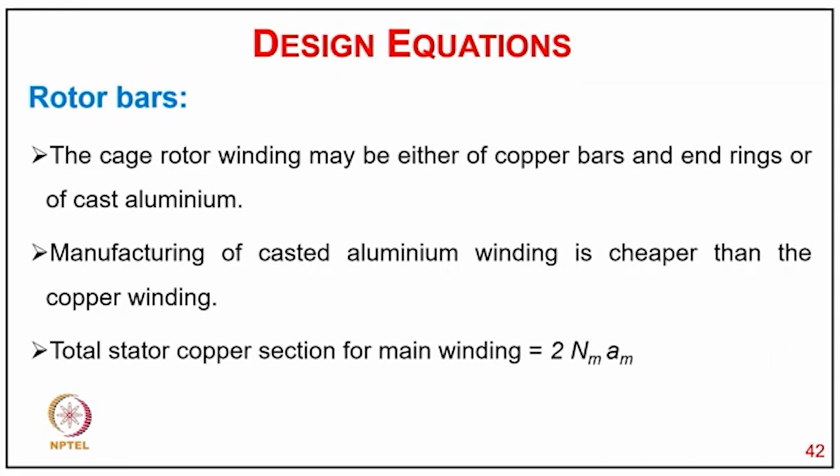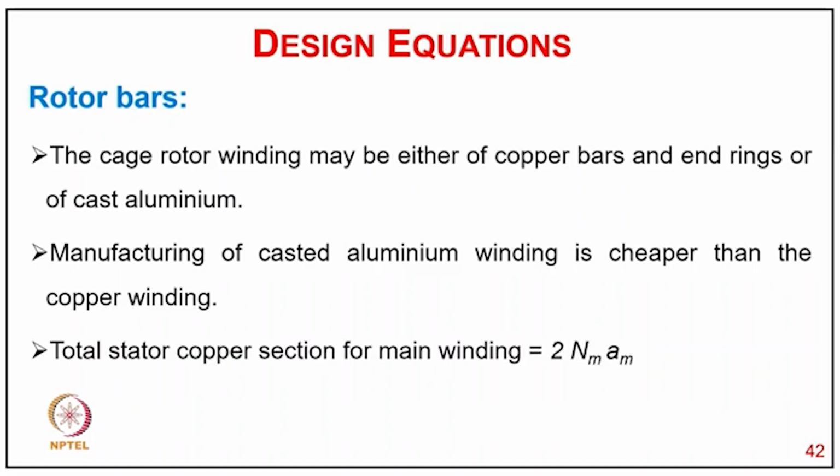Now coming to the rotor bar, the cage rotor winding may either be of copper bars or an end ring of cast aluminum, and manufacture of cast aluminum winding is cheaper than copper winding because aluminum has a density of 1/3 as well as the cost is also 1/3 per kg, so it comes around 12% of the cost of copper for the same volume.